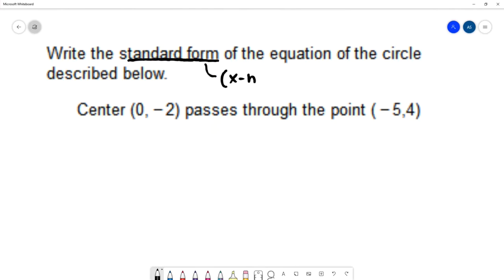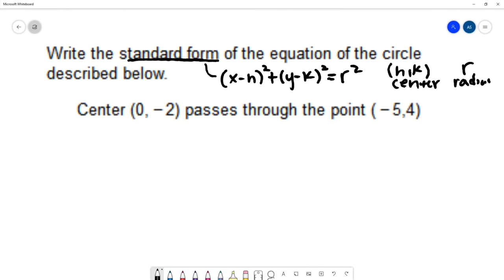It's (x minus h) squared plus (y minus k) squared equals r squared. That (h, k) represents the center of the circle, and r represents the radius. So we're given the center of the circle. We know the values of h and k. So h is 0, k is -2.